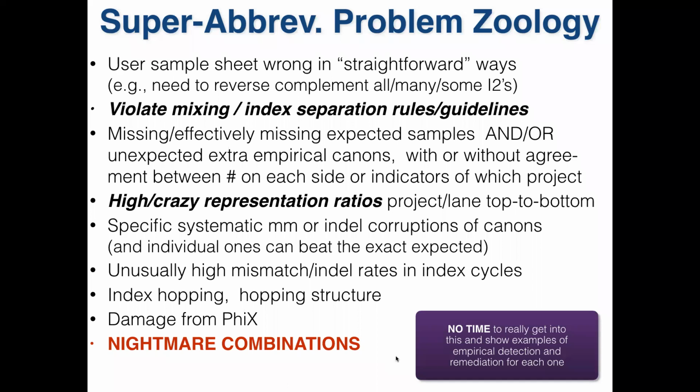We talked about index hopping. That's another class of problem. So sort of a gallery of events. And you can get very scavengers for the bias, but that was basically the realization that this happens. And then what's really the nightmare is when you have especially high representation ratio with the close one, or high representation ratio with the mismatch one.